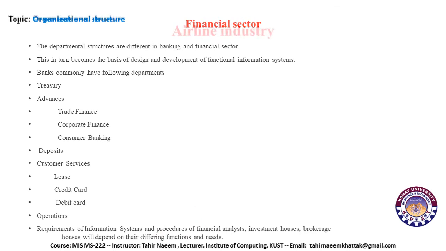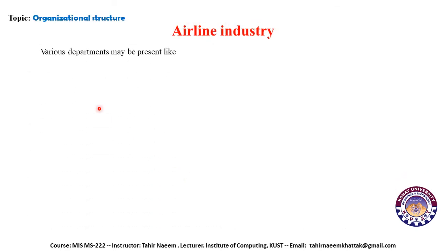Airline industry. Various departments may be present, like the flight operations department, where all the flight operations are maintained. While flight operations plan the flights, the flight scheduling department schedules the flying schedule.